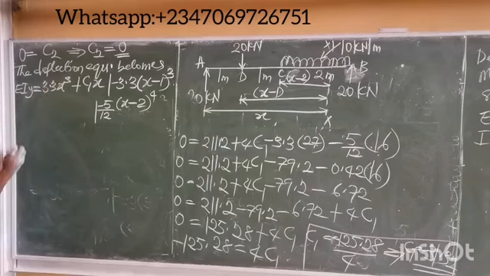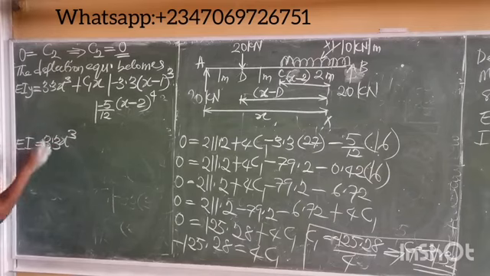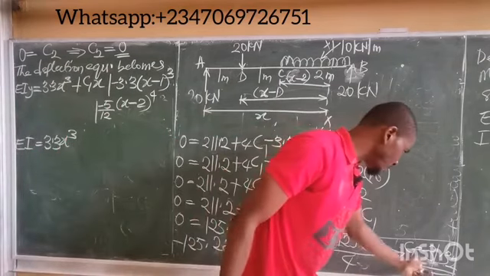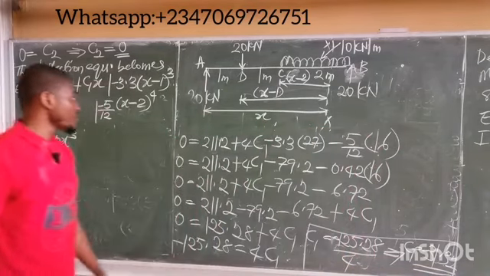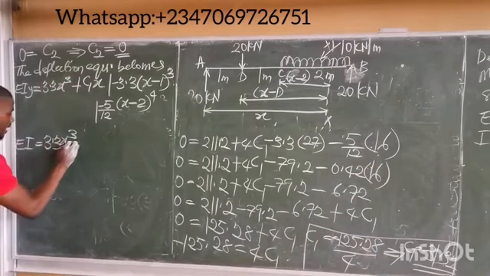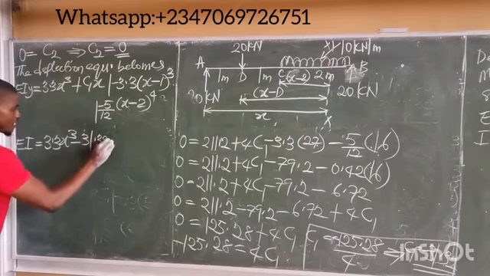So we simply have EI y equals 3.3 x cubed plus C1 x, but C1 is minus 31.32. So in place of C1, I will simply have minus 31.32x.